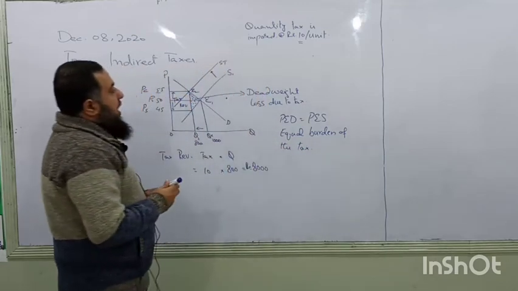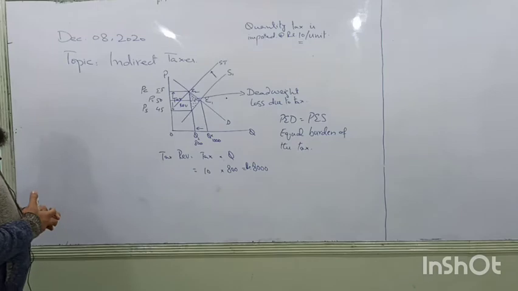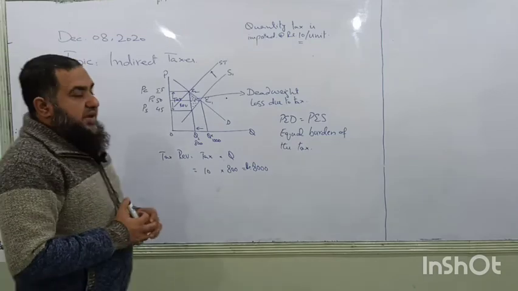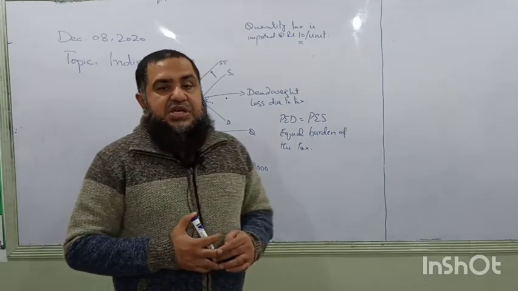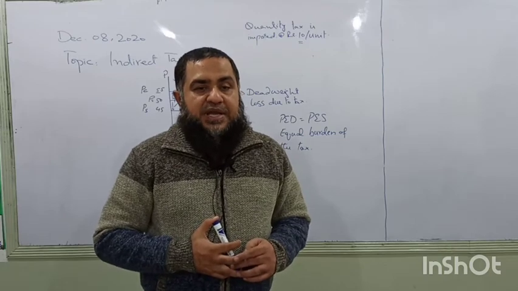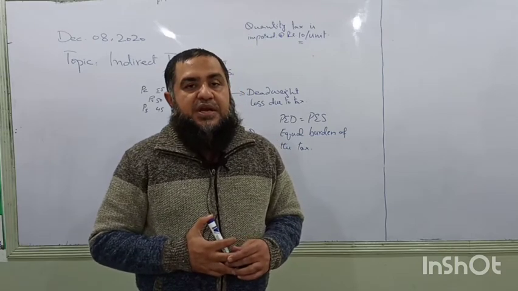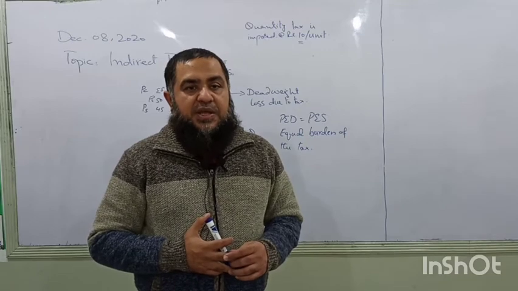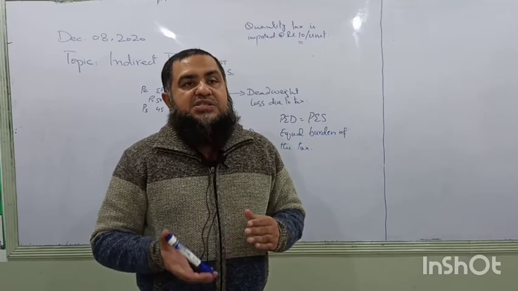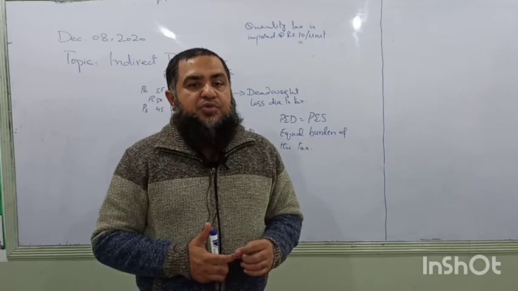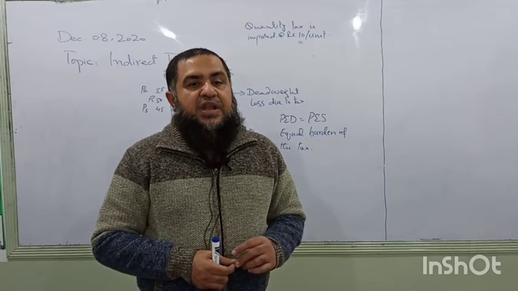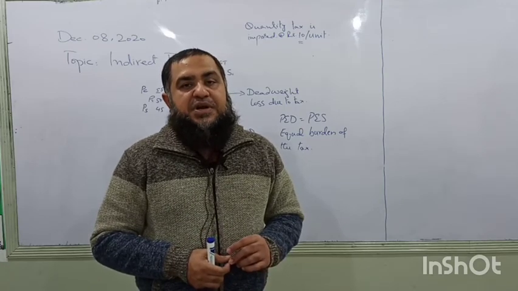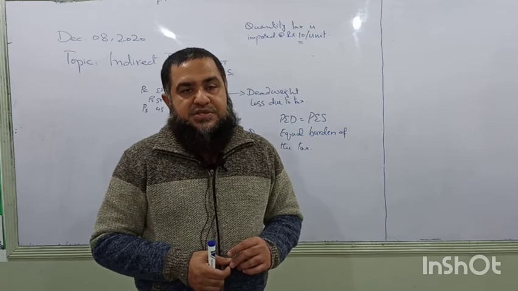Okay. So now I will be drawing another diagram which is having different elasticities of demand and supply. Price elasticities of demand will be different from the price elasticity of supply. Then we will see the same amount of tax imposed by the government will have different tax burdens on consumers and producers.